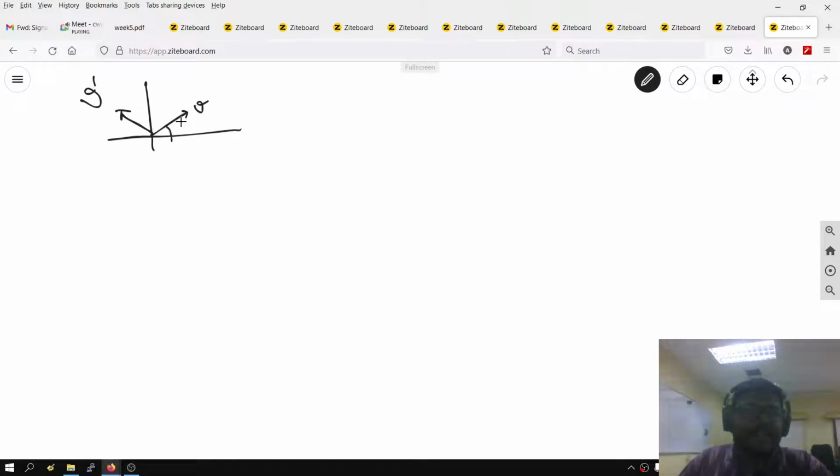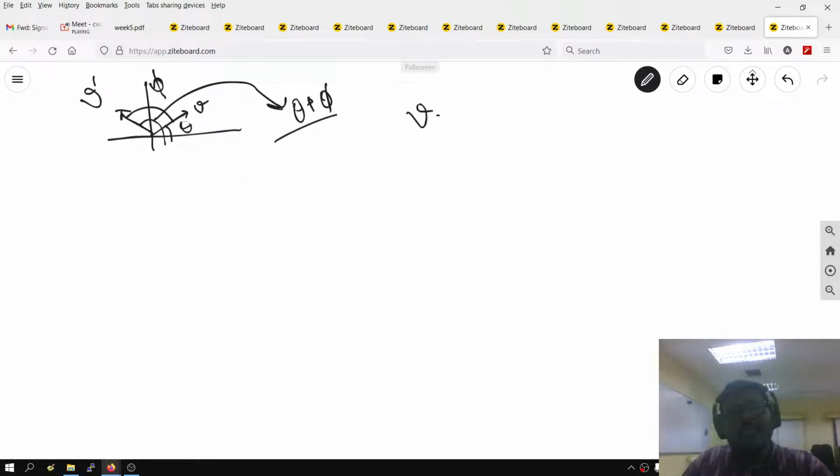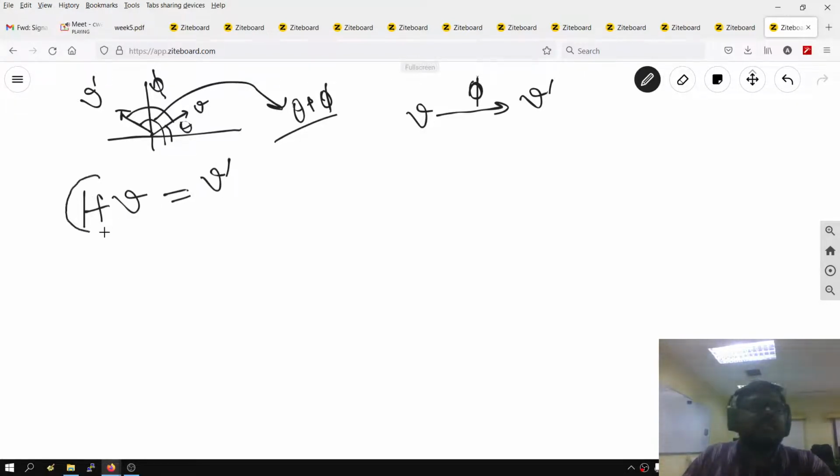This angle is theta and this angle is theta plus phi. So what is this angle? Phi. Our statement is that we are moving this vector v by an angle of phi and it is becoming v dash. So we can say there is a matrix H which is multiplied with v and it becomes v dash. So this H is the rotation matrix.